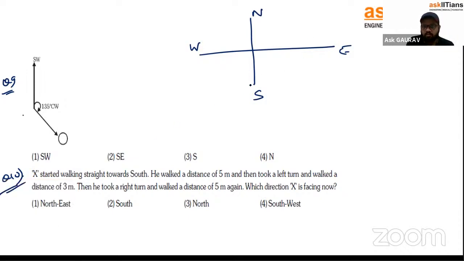Clockwise direction is this one, and the arrow opposite to the clock is anti-clockwise. So you are moving clockwise 135. I'm talking about question number 9.